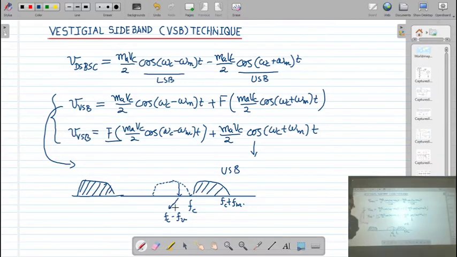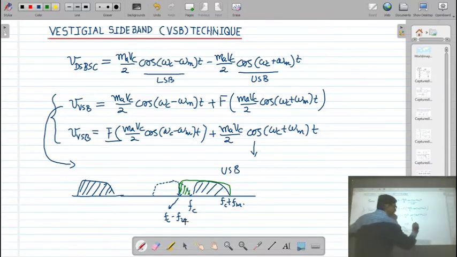Remember, in a transmission, what will happen? This upper sideband is completely transmitted, plus some portion of the lower sideband is also transmitted. So this frequency is Fc minus Fv, and this is Fc plus Fm. So what is the bandwidth?